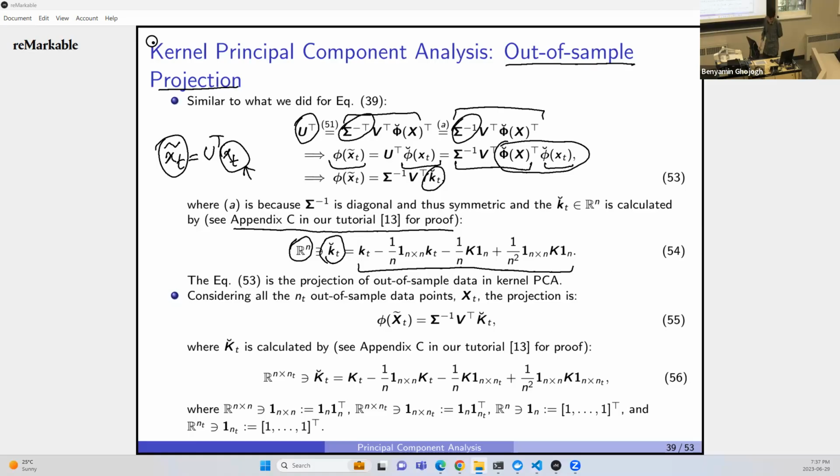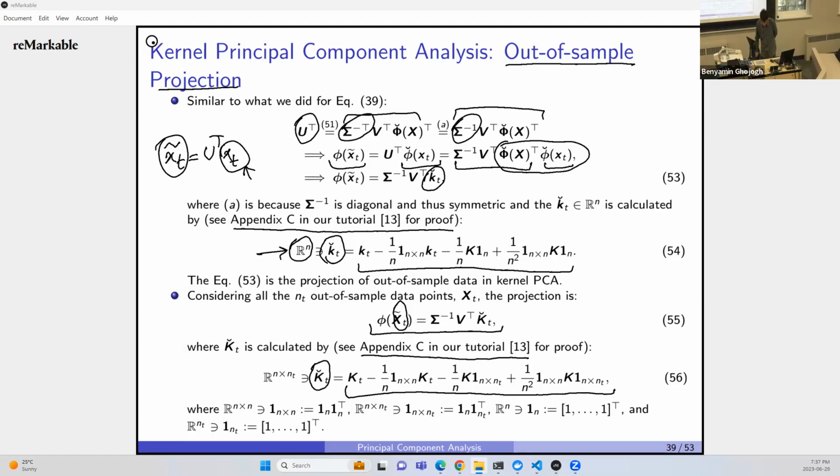Then we also have X t, so we can also have several test points, right? So it becomes a matrix X t tilde, and then the kernel, which we had here, becomes a matrix. And again, for the proof of this, see Appendix C in our tutorial.